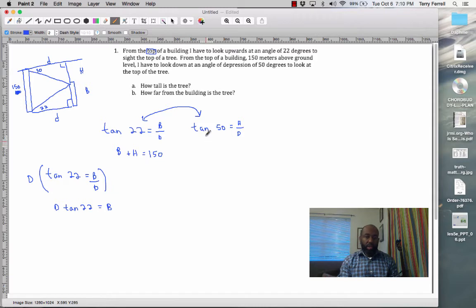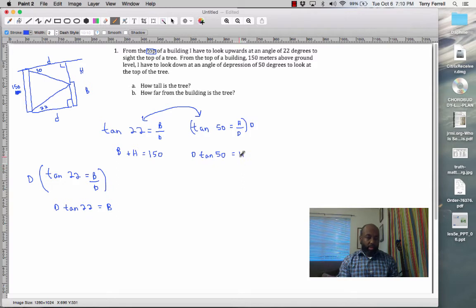And over here, the same thing. Let's just do this. I want to multiply both sides by D. So I'm going to have D tangent of 50 equals H.